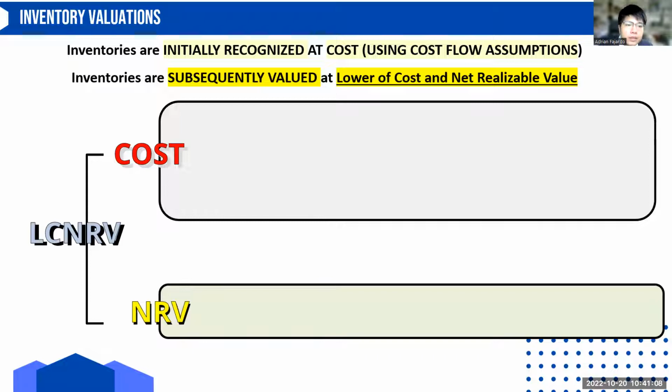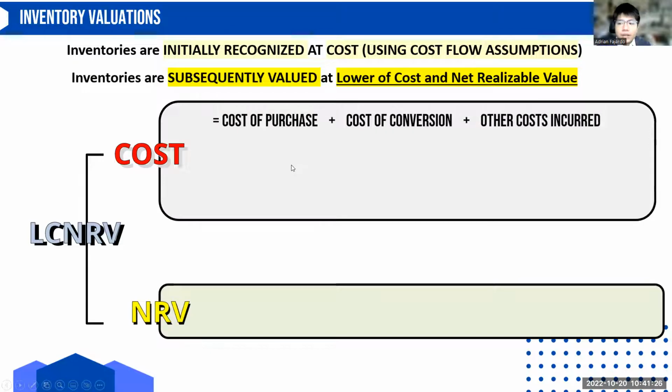And therefore, the first question is, what will comprise our cost? Well, usually, your cost will be the one that you calculated using your cost flow assumptions, right? But in essence, the strict definition is that the cost of an inventory will have three different components.